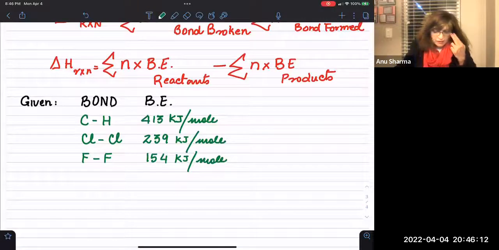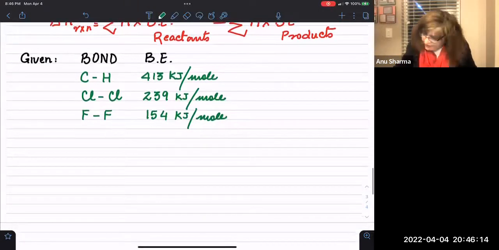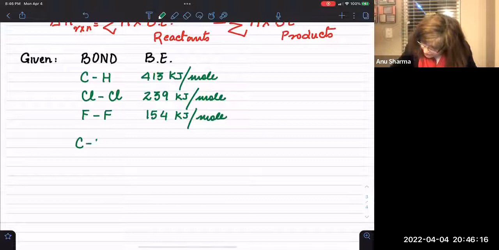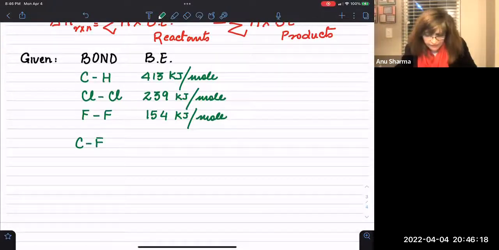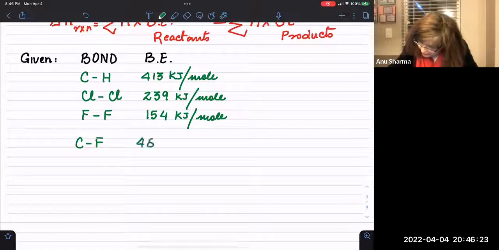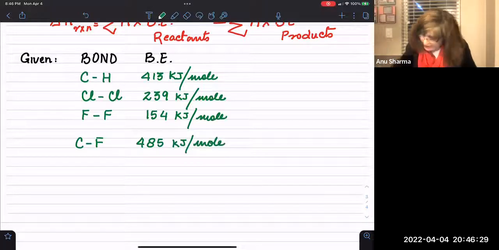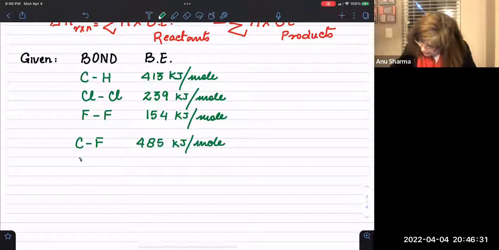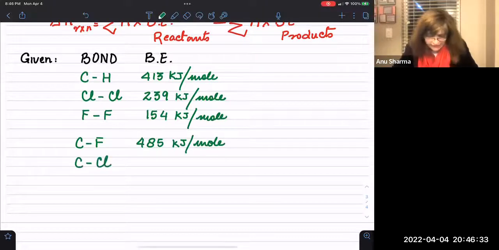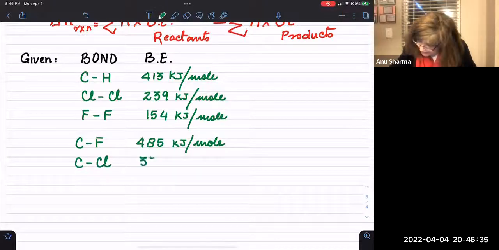Now next is the carbon and fluorine bond. Again, from the tables, you will have to get these. Carbon and fluorine is 485 kilojoules per mole. Next is the carbon and chlorine bond, which is 339 kilojoules per mole.